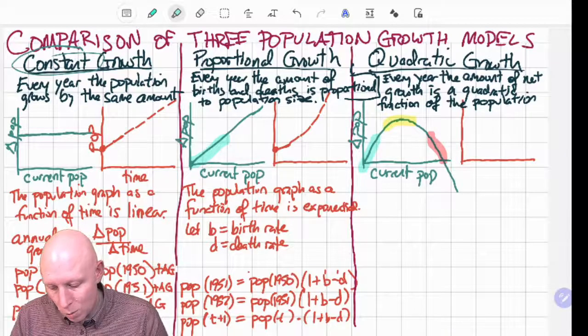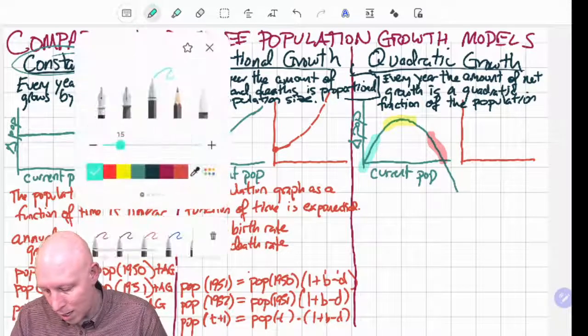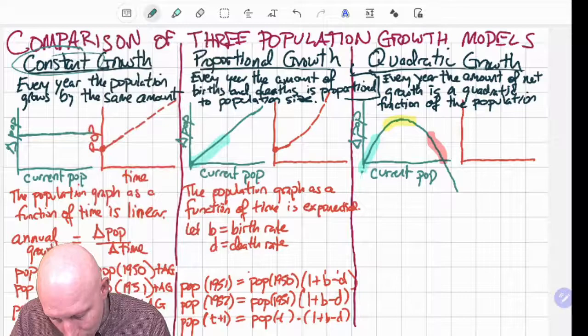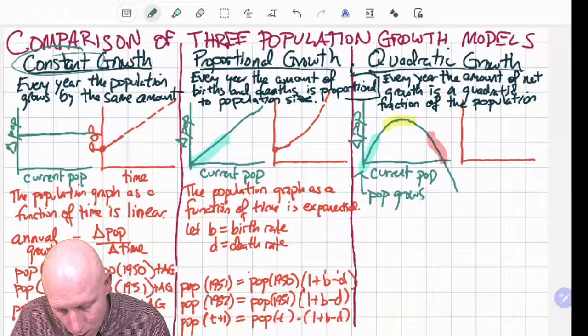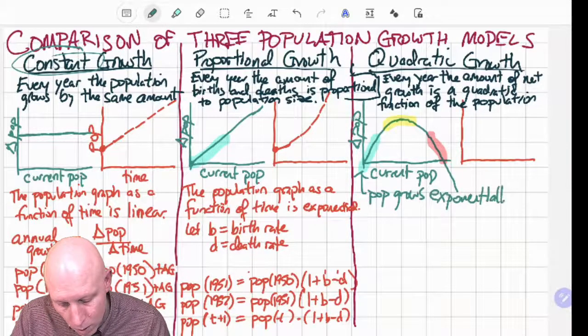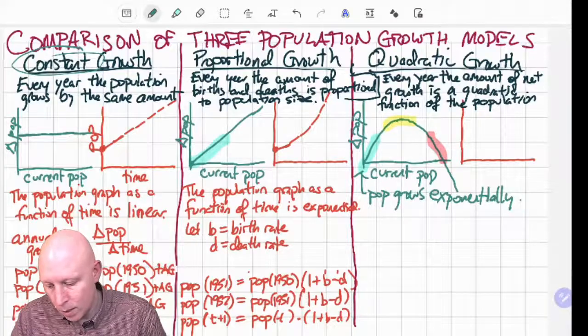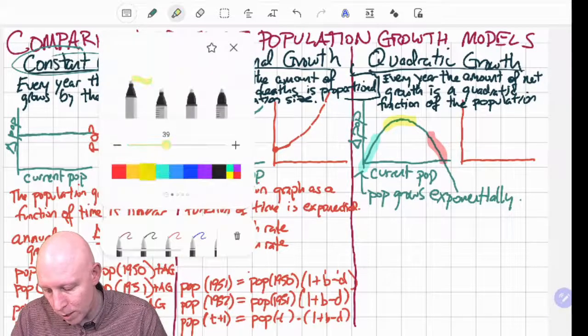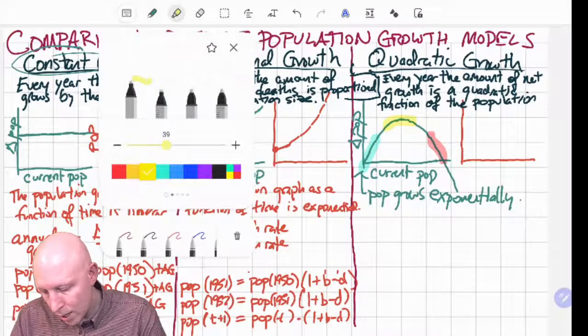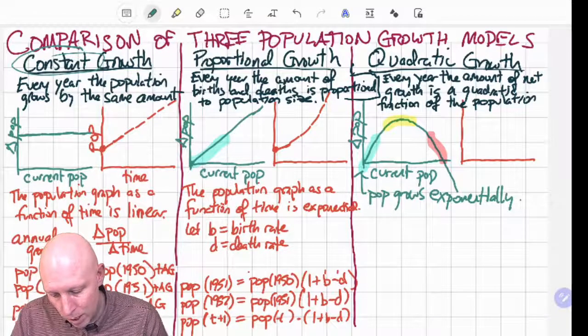And so in this range, we would say that the population is growing exponentially.